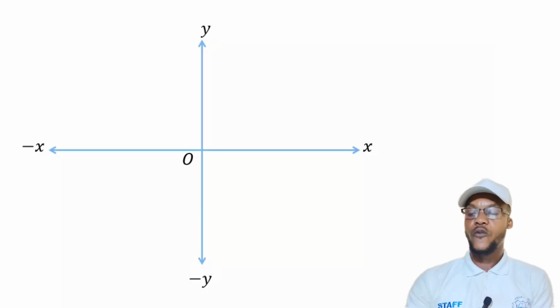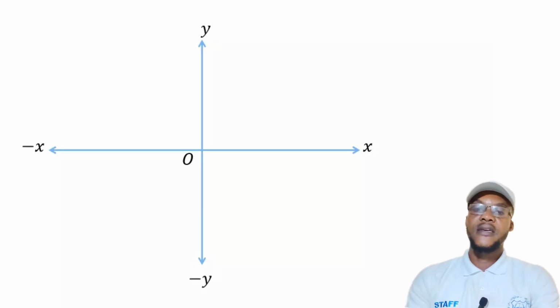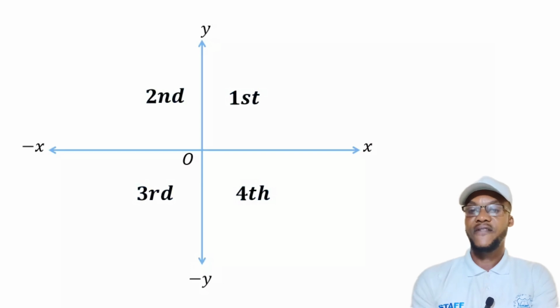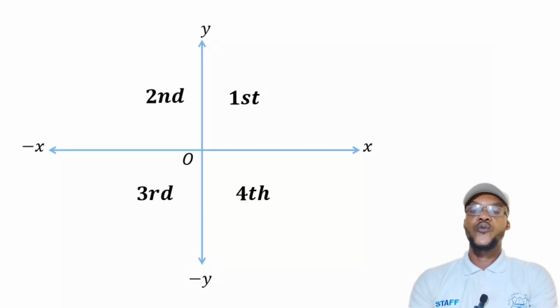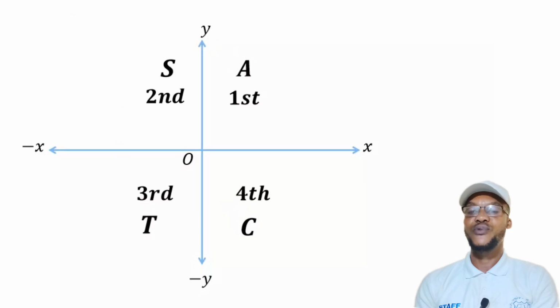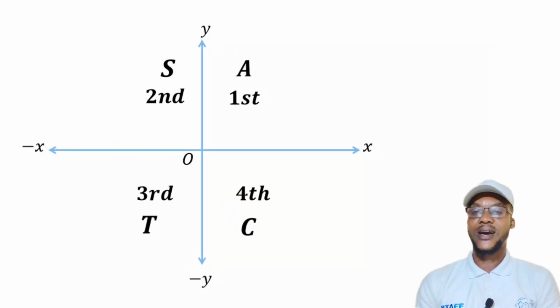For the CAST, if you see C, we see that we have the first, second, and third, all these are the quadrants I'm talking about. If you take the CAST, then it means that we are going to put each letter in a quadrant, so we see where each of the letters are.